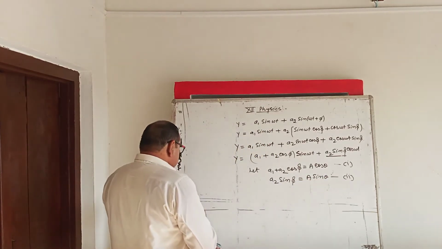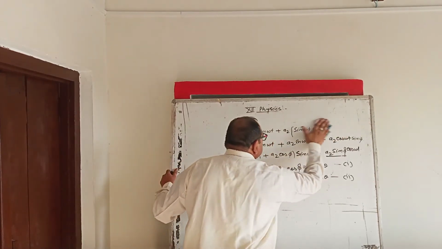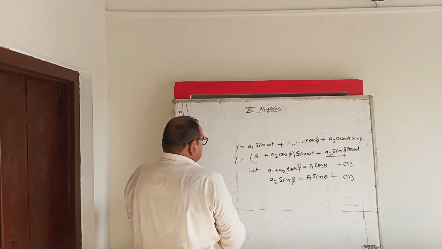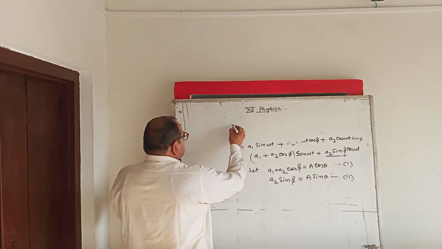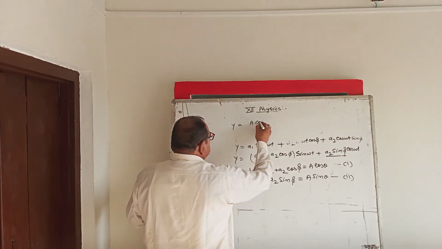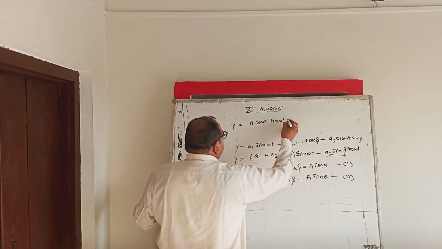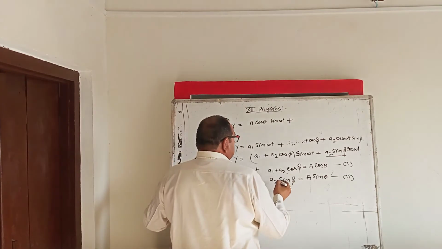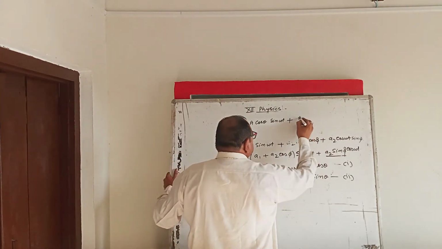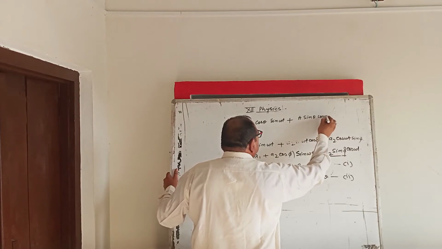So what we get? That is y equal to A cos theta sine omega t plus A sine theta cos omega t.